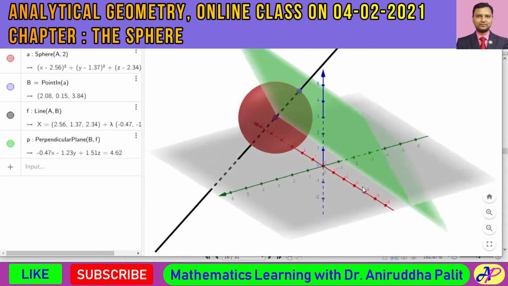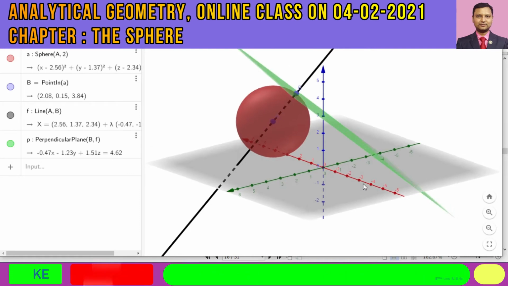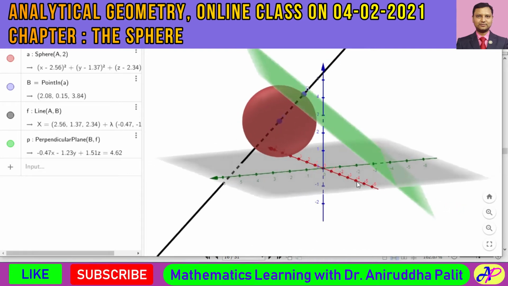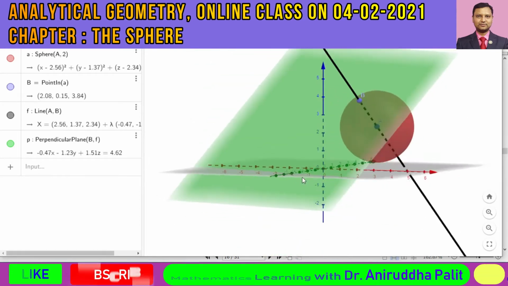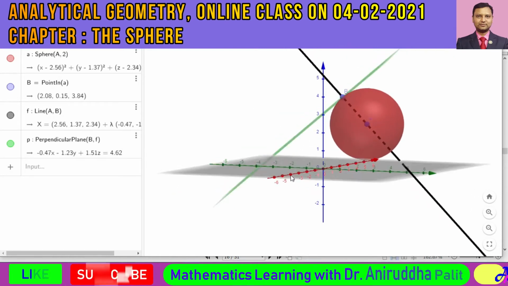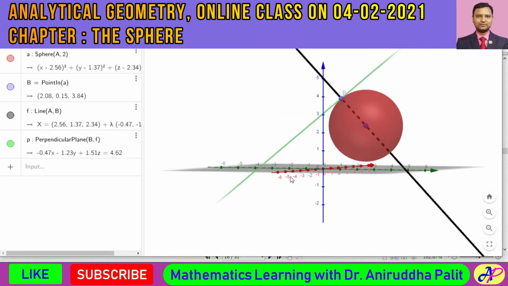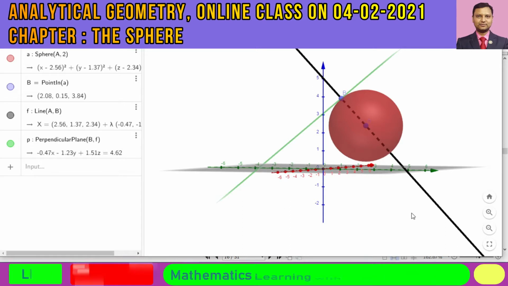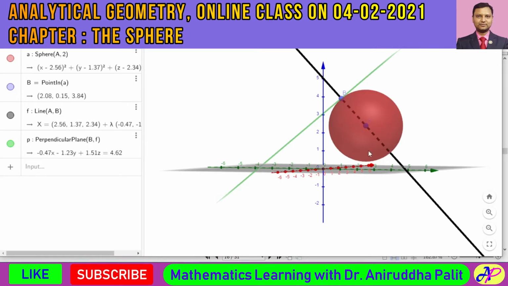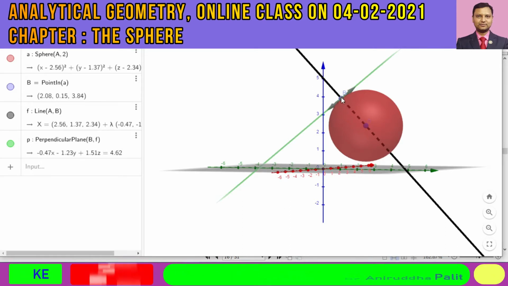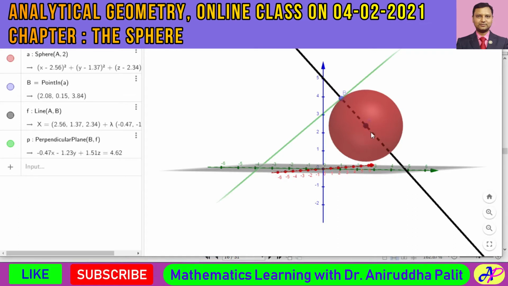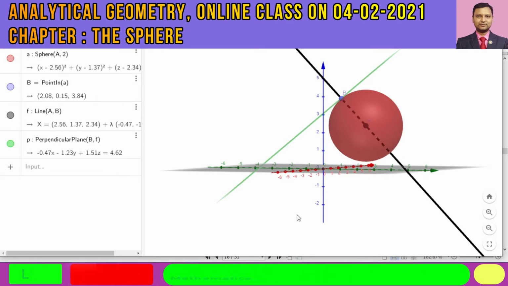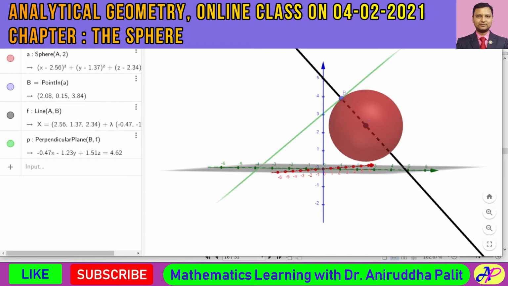And this plane is touching the sphere at this point. So these green planes are tangent planes. And the tangent plane has the special property that the distance of this plane from the center must be equal to the radius of the sphere.